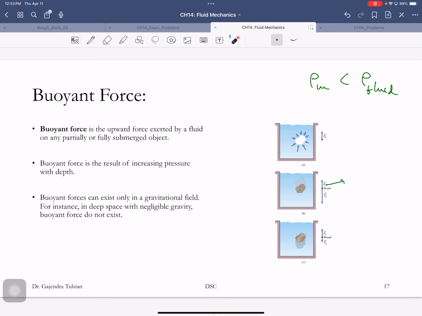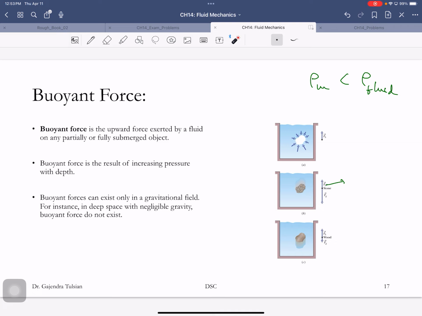So here's a rock, there's the force of gravity on the rock, and there's the buoyant force on the rock. Now, if the weight of the object is greater than the buoyant force, then the object will sink. If the buoyant force is greater than the weight, then the object will rise up.